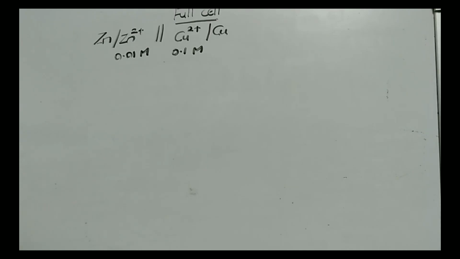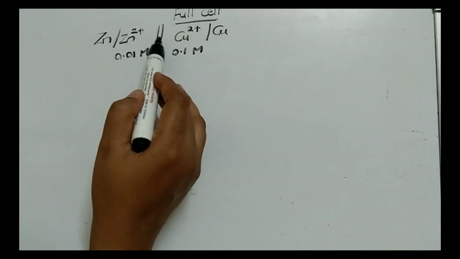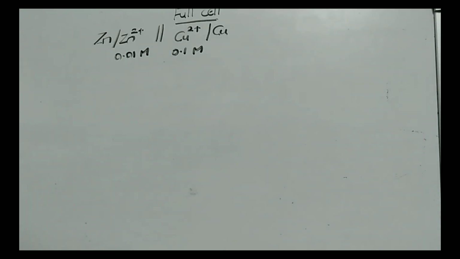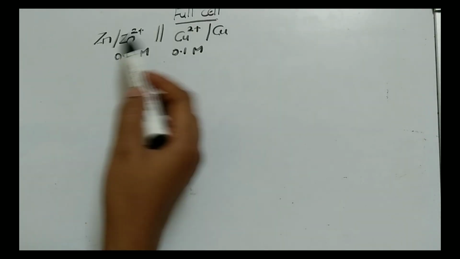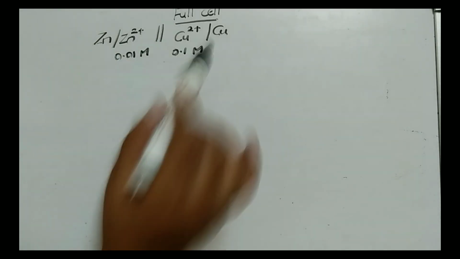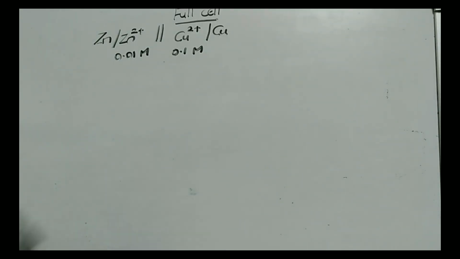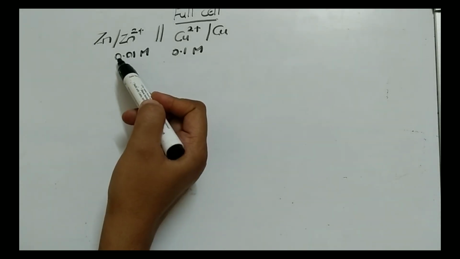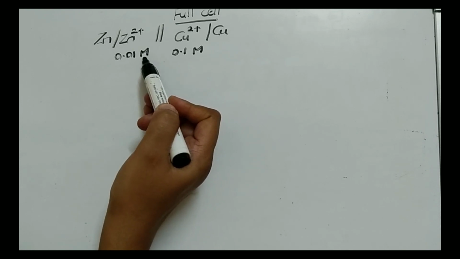So let's check now how to calculate for the full cell. Full cell means both sides of the cells are given, one is anode, one is cathode. The two lines I have written here mean it is a galvanic cell. Both the cells are given, zinc and copper. This is the representation of a galvanic cell. The zinc 2+ ion concentration is given as 0.01 molar.